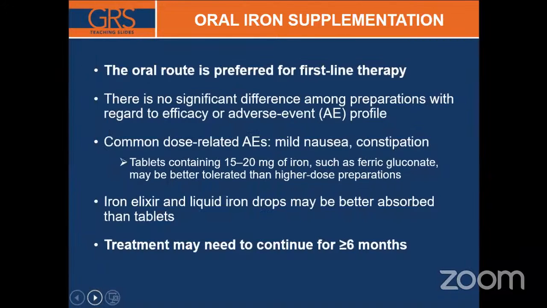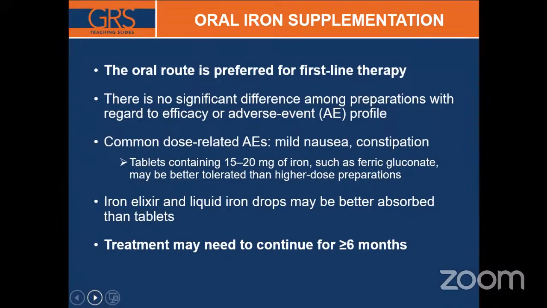Okay, regarding the oral iron supplements, the oral route is always the preferred first line therapy. In regard to the type of preparation, there have been no significant differences among the different preparations in regard to either efficacy or adverse profile.